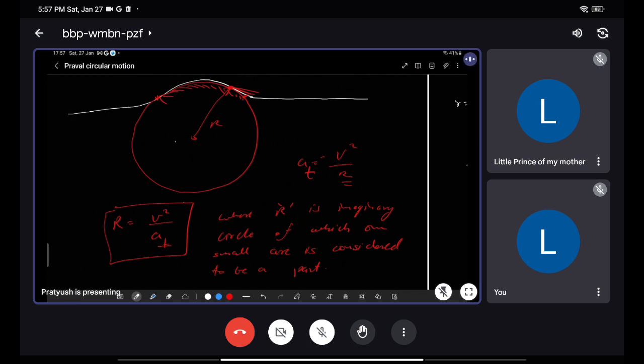From here, we can clearly calculate the radius. What will be the radius? V square upon the perpendicular component of acceleration.